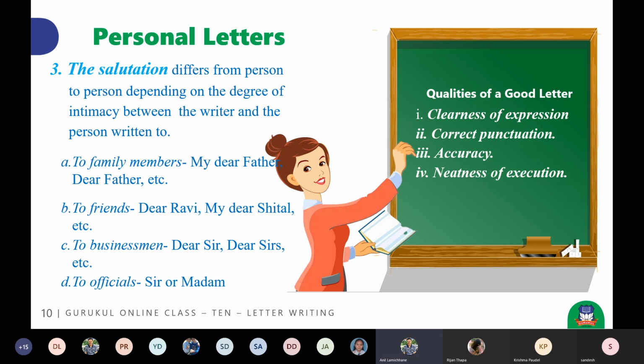To family members, one example is my dear father or only dear father. Several can be there, only a few are given here. If you are writing to friends, dear Ravi or my dear Shetal, only dear and first name or my dear Shetal, any format can be followed.